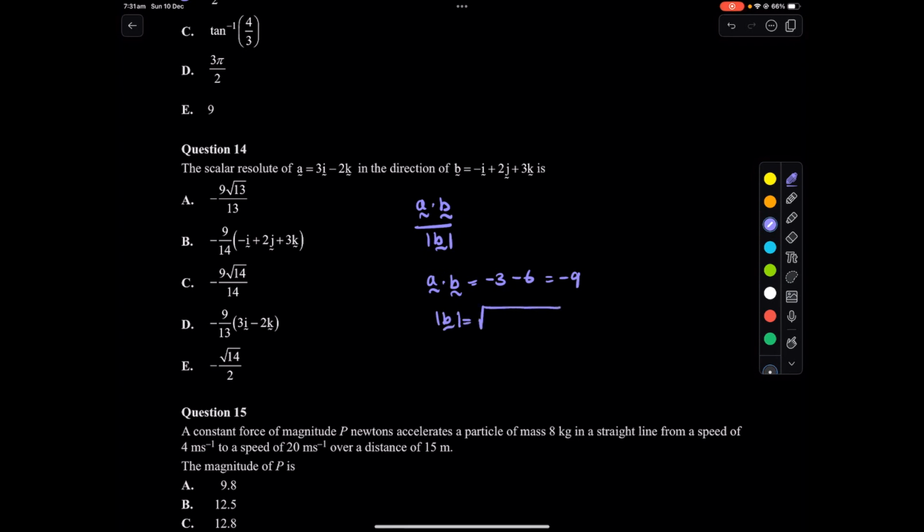It'll be the square root of 1 plus 4 plus 9, which is root 14. Hence, it's -9 over root 14. Let's also rationalize it. So we get negative 9 root 14 over 14. Which one does that look like? Looks like C is your answer for that one.